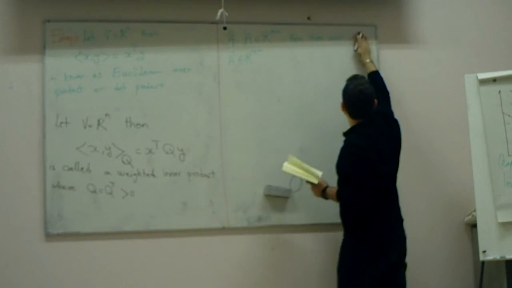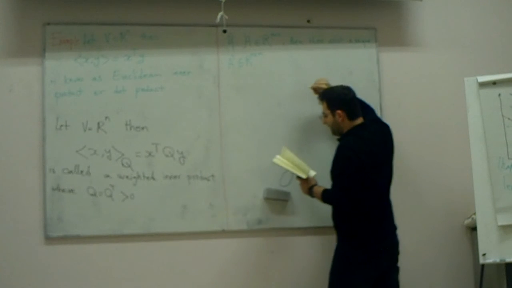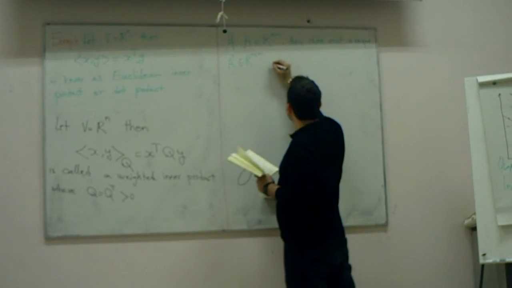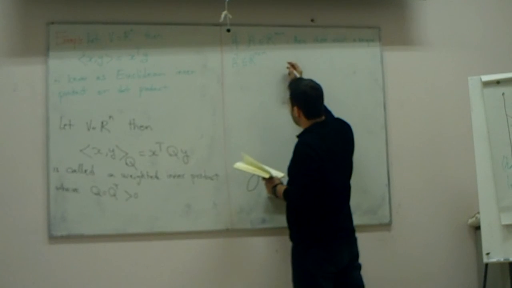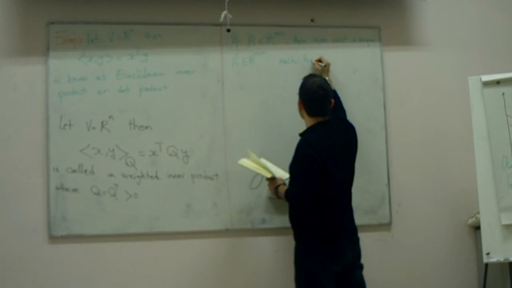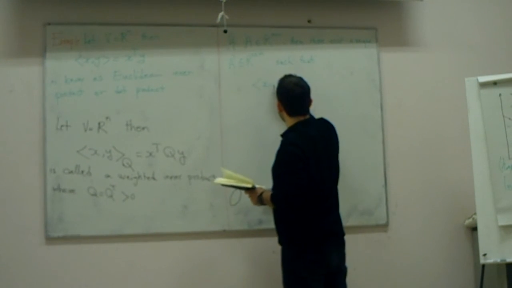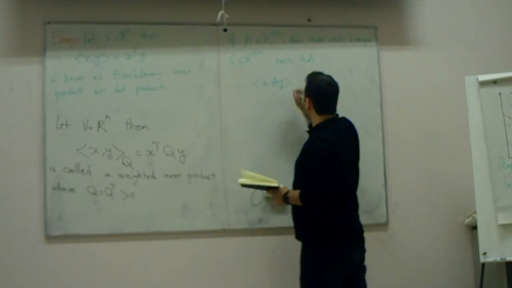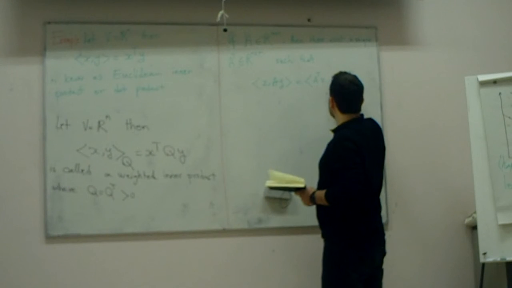There exists a unique linear transform A transpose such that the inner product of x and A y is equal to the inner product of A transpose x and y.